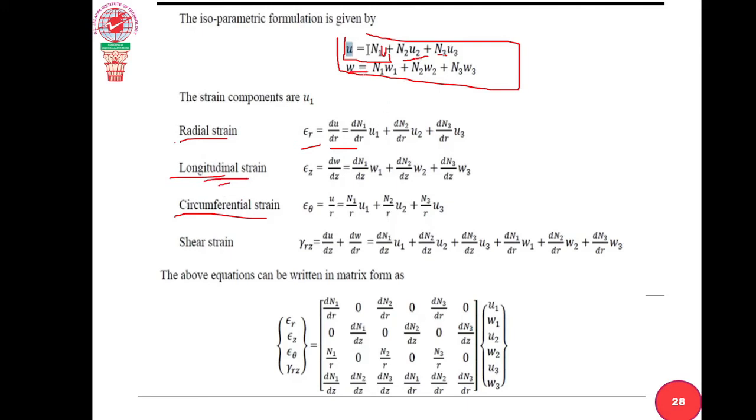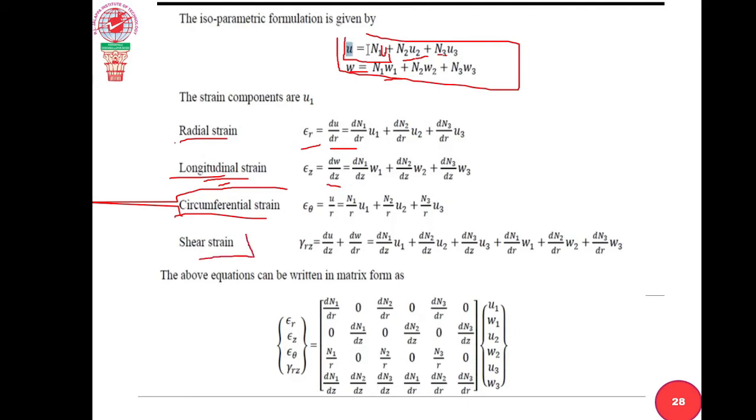This you have to differentiate with respect to z, that is d by dz N1 w1, d by dz N2 w2 plus d by dz N3 w3. And circumferential strain is nothing but u by r. What is u? N1 u1 by r plus N2 u2 by r plus N3 u3 by r, that is, 1 by r everywhere.